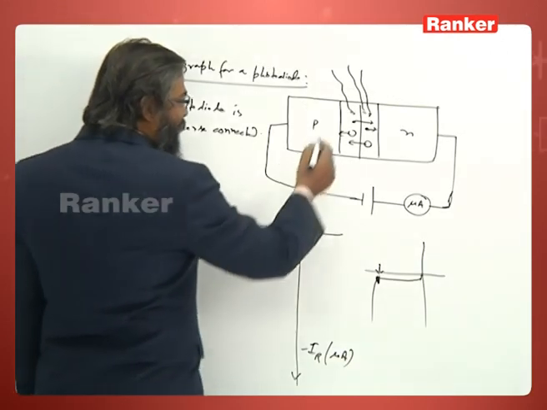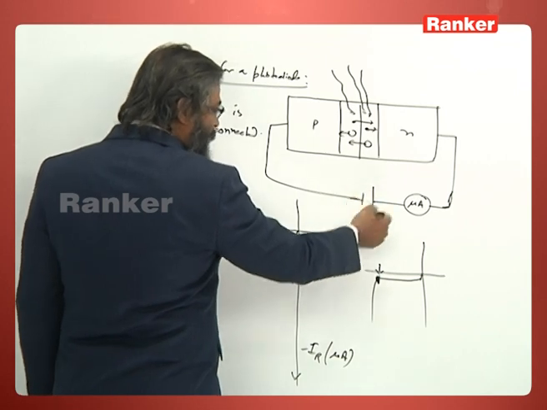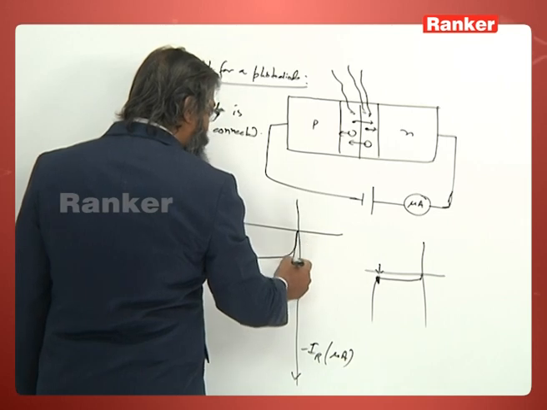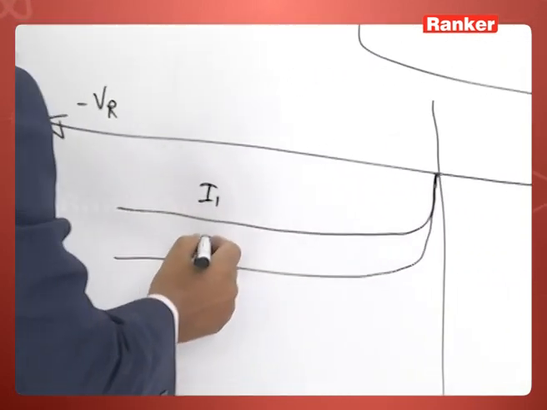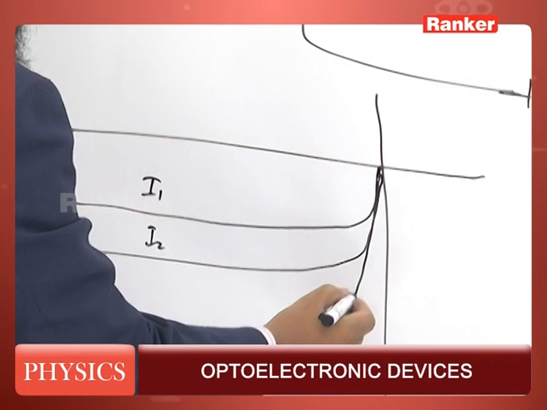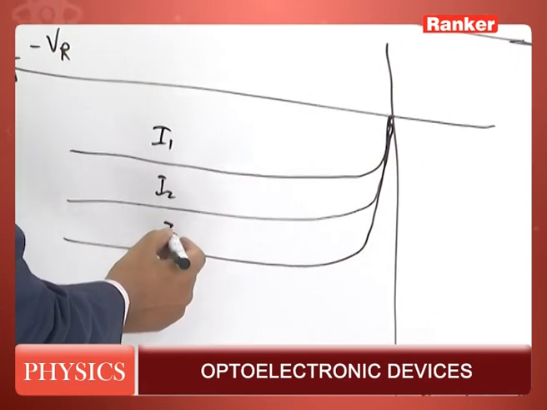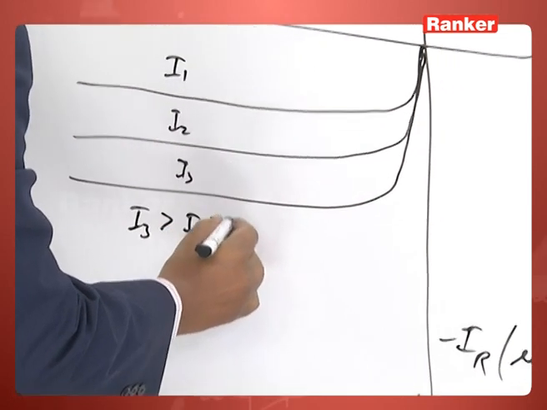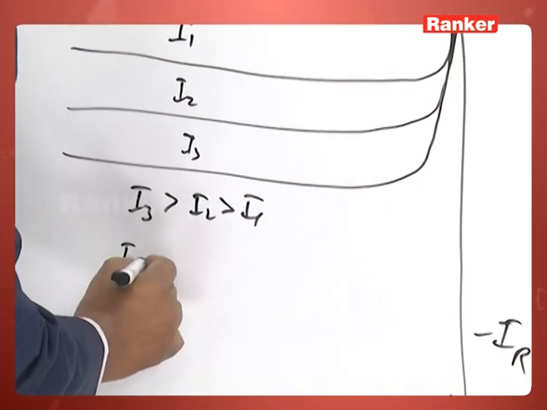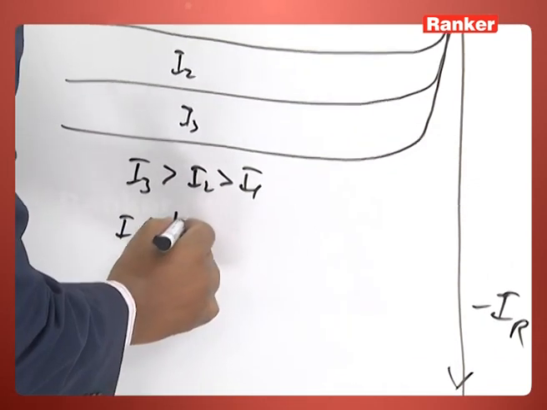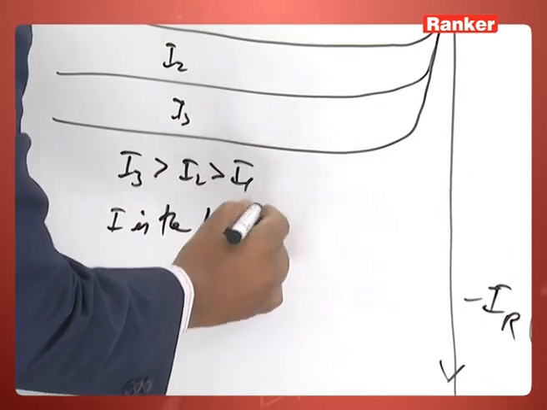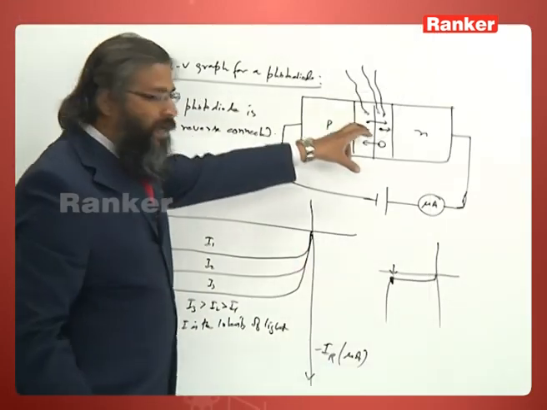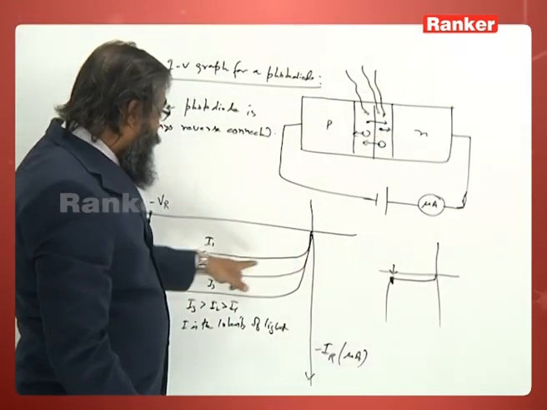Next, for the same variation of bias, if I increase the intensity to I2, the curve will become I2. Then this is I3. Here I3 is greater than I2 is greater than I1, where I is not the current, it is the intensity of light. So, more light falls, more is the saturation current.